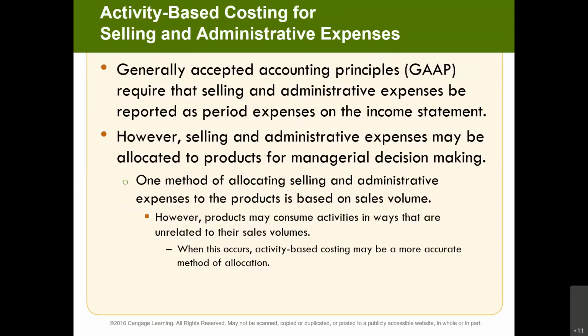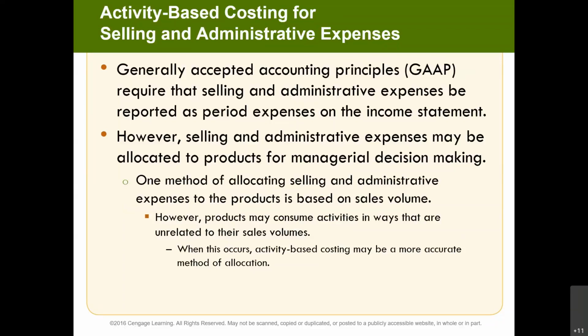If it's department-based, then it's allocated to those departments. But what about activity-based costing? So as you would expect, with generally accepted accounting principles, we are required that selling administrative expenses must be reported as a period expense on the income statement.